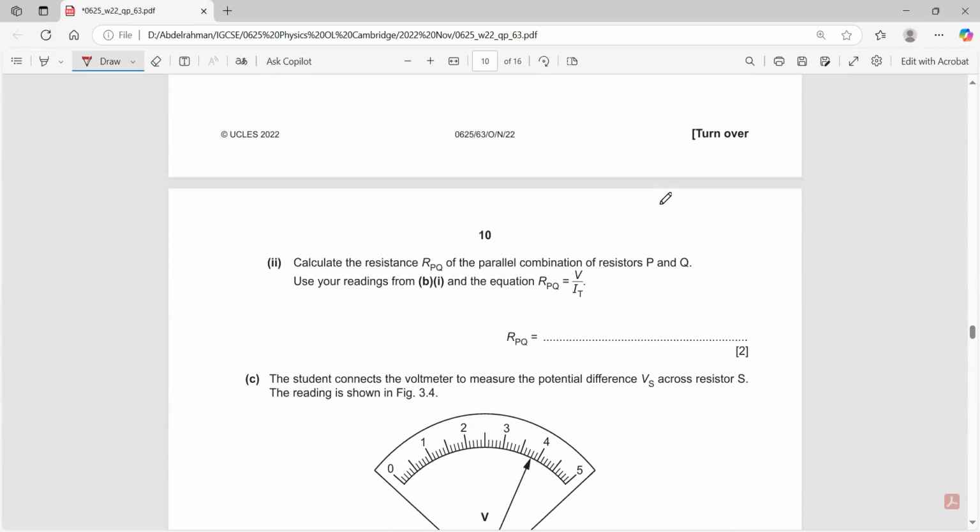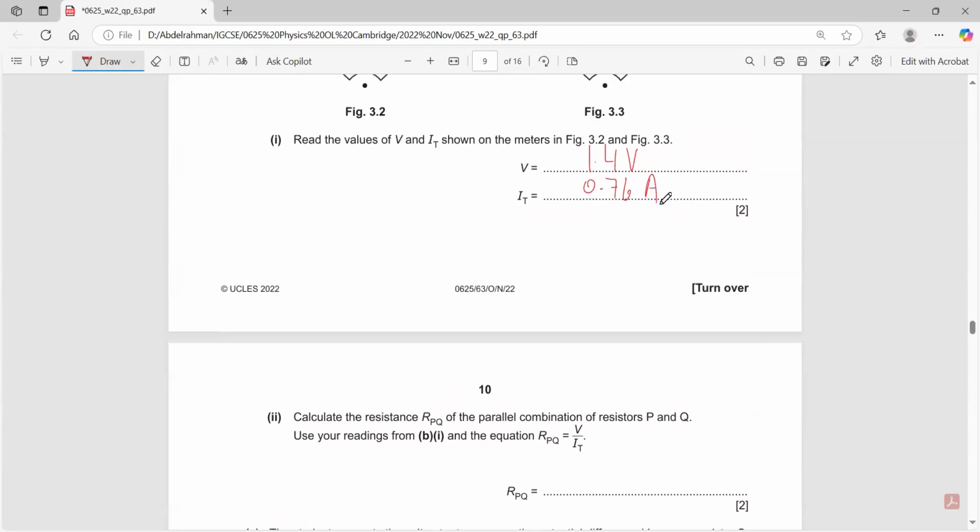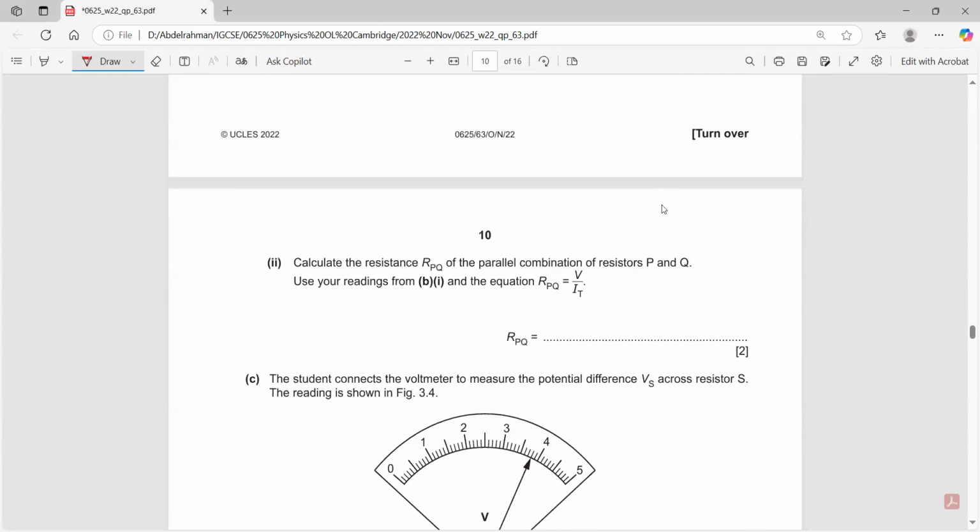Can I find RPQ, the resistance of P and Q while they are in parallel? Yes, it is 1.4 over 0.76, which is 1.8 ohms. Do not forget the units, please.